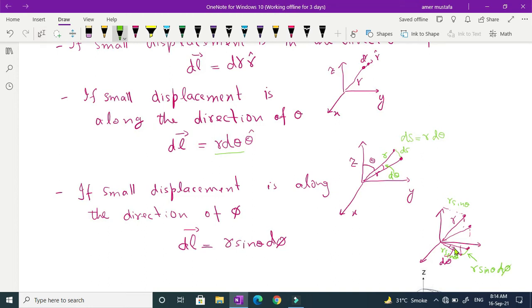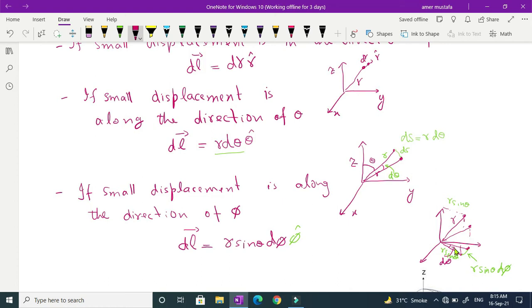So due to change of phi, the infinitesimal length dl will be equal to r sin theta d phi, and its direction is along phi cap.